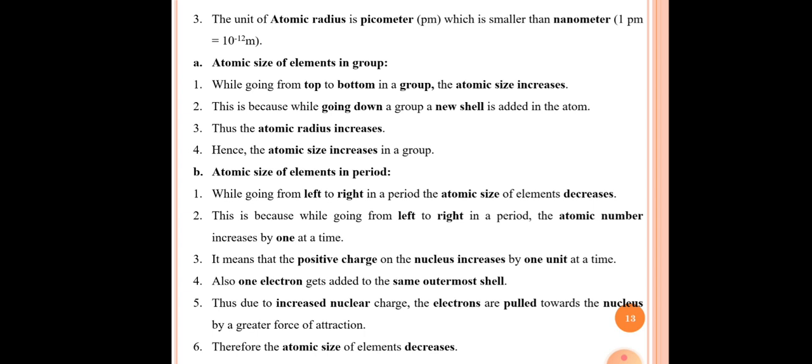As the atomic number increases, the number of positive charges on the nucleus increases. See the fourth point: also, one electron gets added to the same outermost shell. As the atomic number increases, the number of electrons as well as protons goes on increasing.